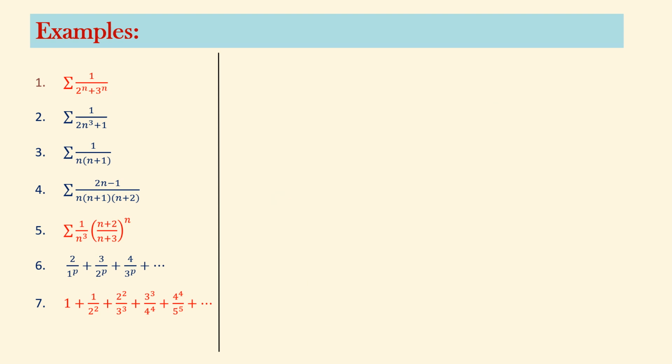Now questions 6 and 7 are given in the form of series. So we have to convert into summation form. So how does it look? If you look at the numerators, 2, 3, 4, and the denominators are 1 power p, 2 power p, 3 power p, and so on.